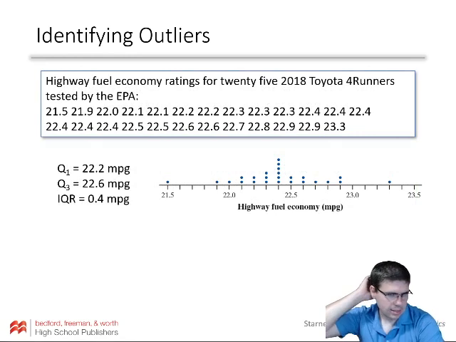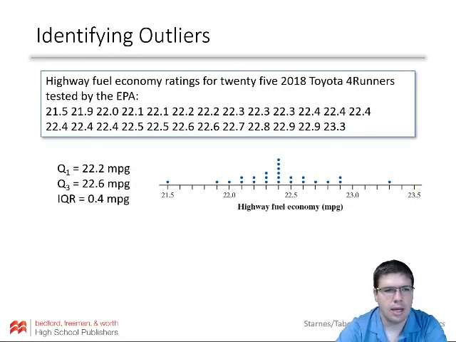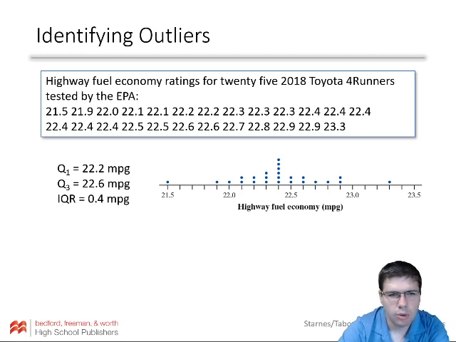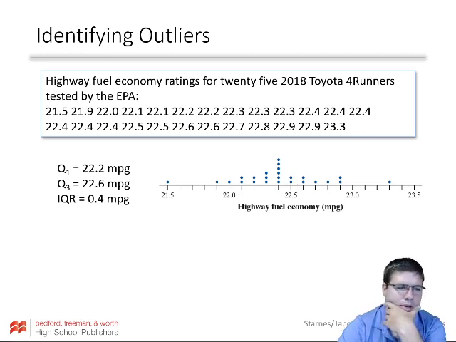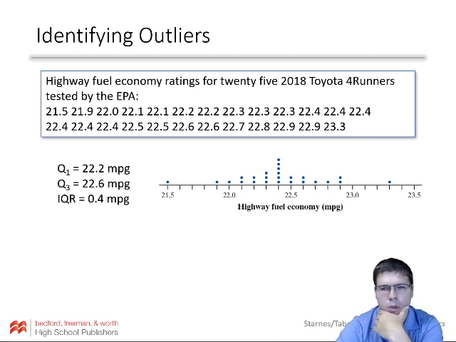So looking at this in a data set, we've got highway fuel economy ratings for 25 Foresters, and we've got them graphed there. We've got our Q3 and our Q1 there, and they've subtracted those to figure out our interquartile range.